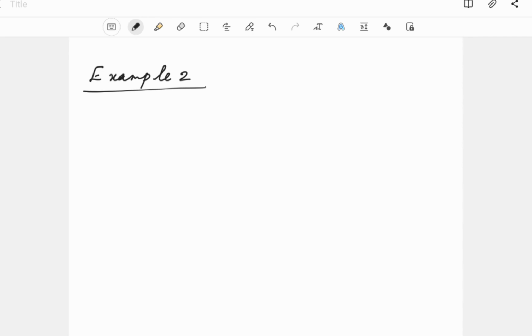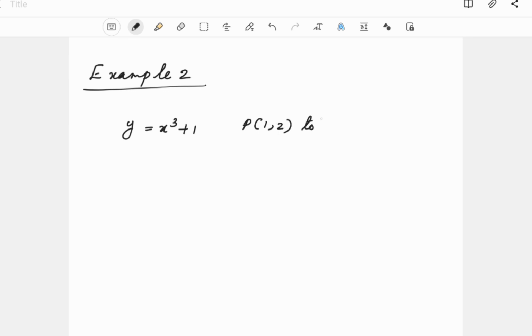Example 2. Use differentials to approximate the arc length of the graph of the equation y equal to x cube plus 1 from P(1, 2) to Q(1.2, 2.728). Here also x varies from 1 to 1.2, therefore the change is very small. So dx is equal to 0.2 if we take x equal to 1.